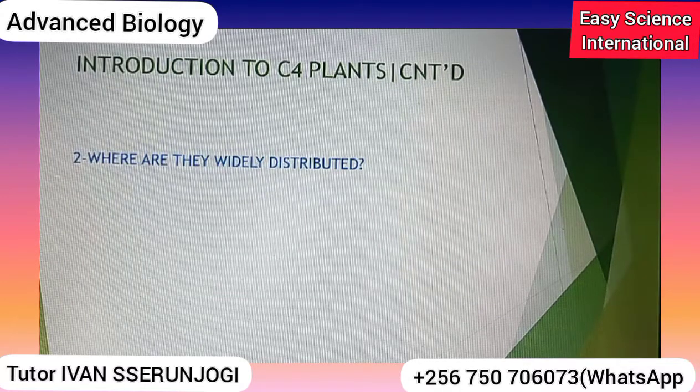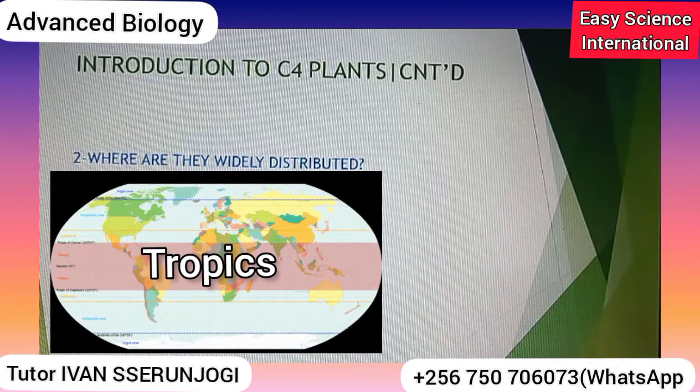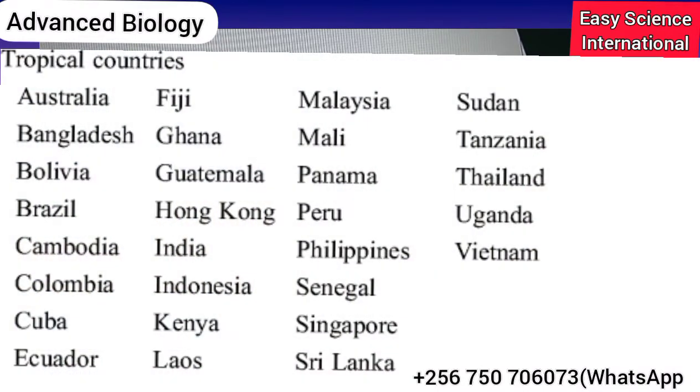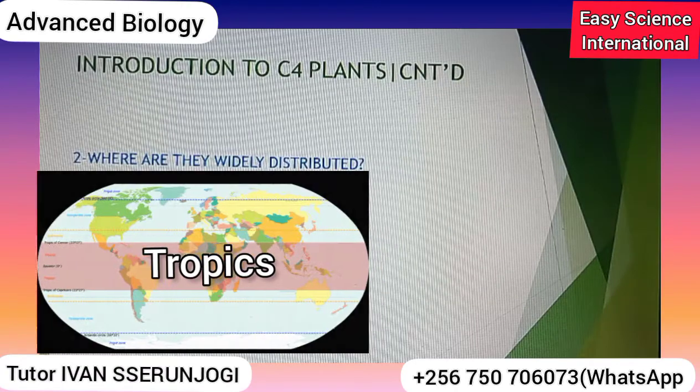C4 plants are widely distributed in the tropics. Basically, that is in countries like India, Africa, some parts apart from North East Africa, there are some tropic areas.